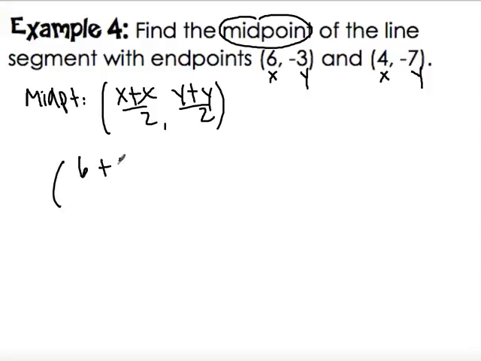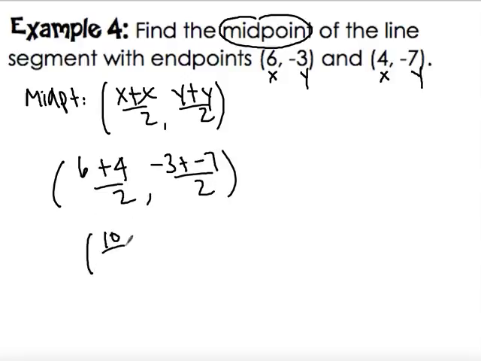So I'd have 6 plus 4 divided by 2, and then -3 plus -7 divided by 2. 6 plus 4 gives me 10 divided by 2. -3 plus -7 gives me -10 divided by 2. I can reduce both of those by saying 10 divided by 2 gives me 5, and -10 divided by 2 gives me -5. So my midpoint for the line segment with endpoints (6, -3) and (4, -7) would be (5, -5).